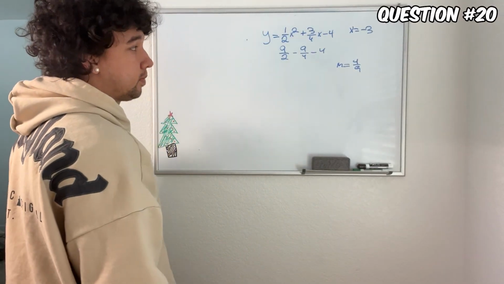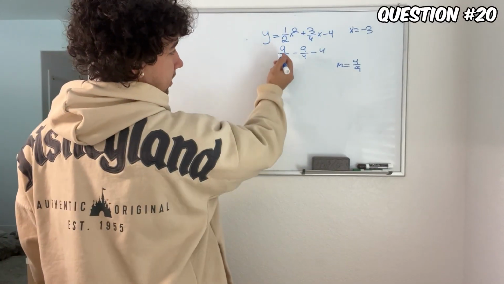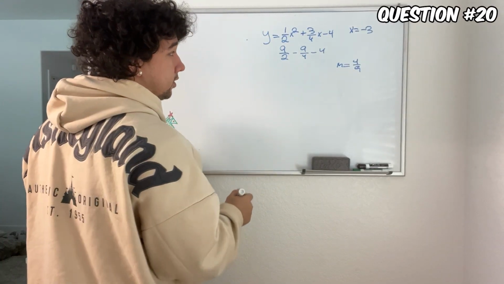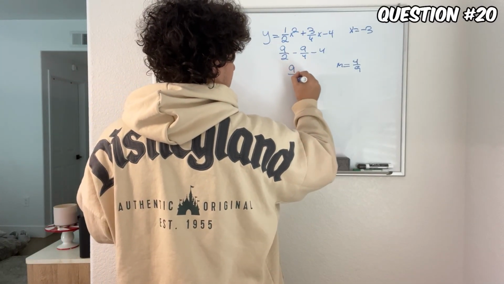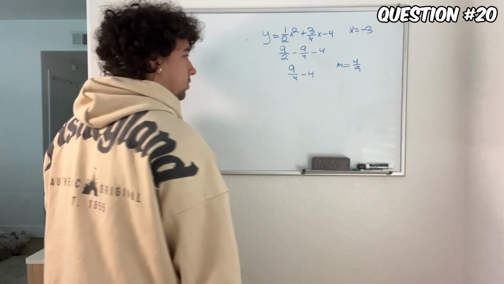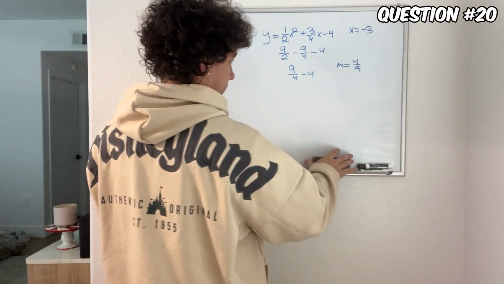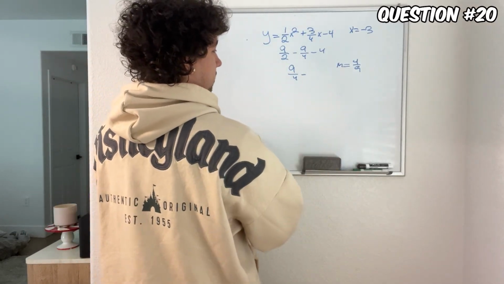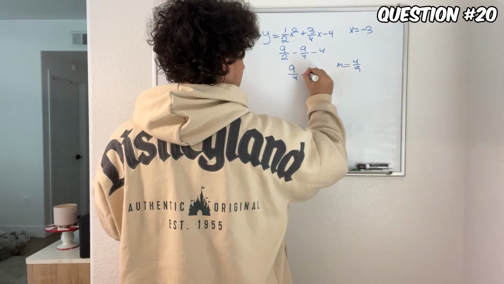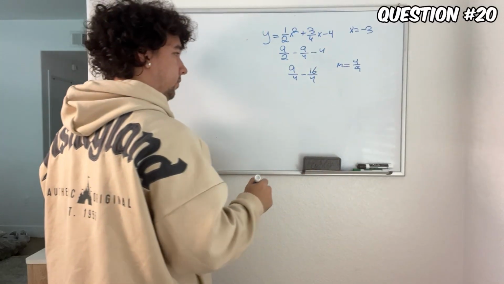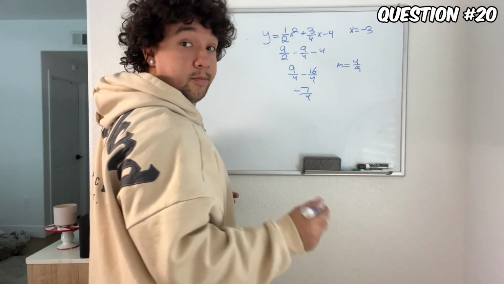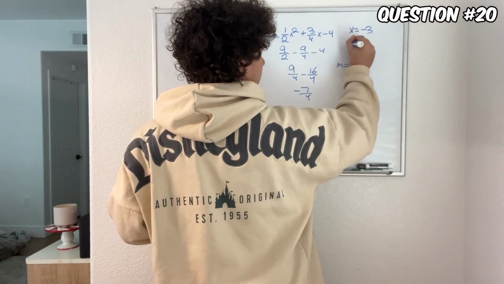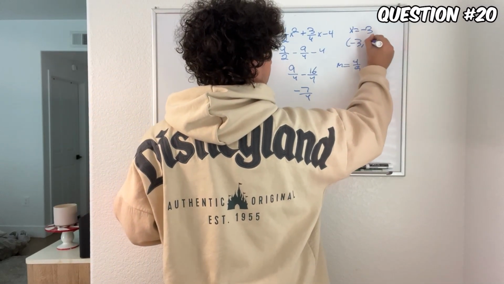So 9 halves minus 9/4, well, that's the same thing as 18/4 minus 9/4, which equals 9/4. Minus 4. Rewrite 4 as 16 over 4. 9 minus 16, so this is negative 7 over 4. And from here, I have my point at negative 3 comma negative 7/4.